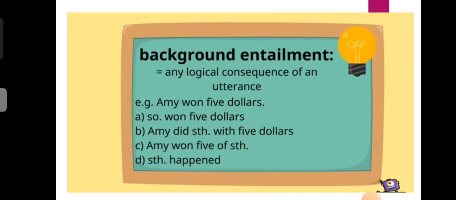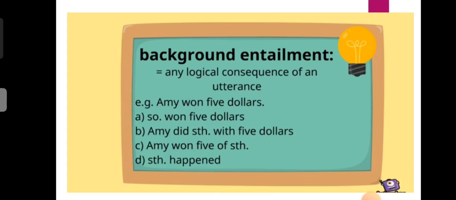Ami won $5. So any logical consequence would be that someone won $5, Ami did something with $5, Ami won five something, or something happened, for the foreground.